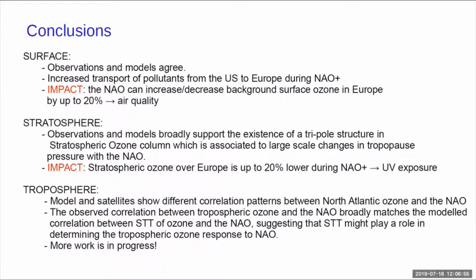Yeah, so the question is whether the stratospheric sudden warmings can impact the NAO and be responsible for the stratospheric ozone response. I think this is a possibility. To a first stage, I've just looked at the correlation with the NAO, not what forces the NAO. There's loads of things that go into that, but that is obviously a possibility, yes.